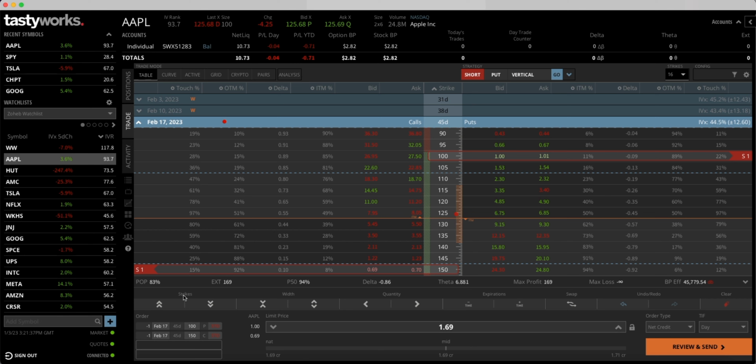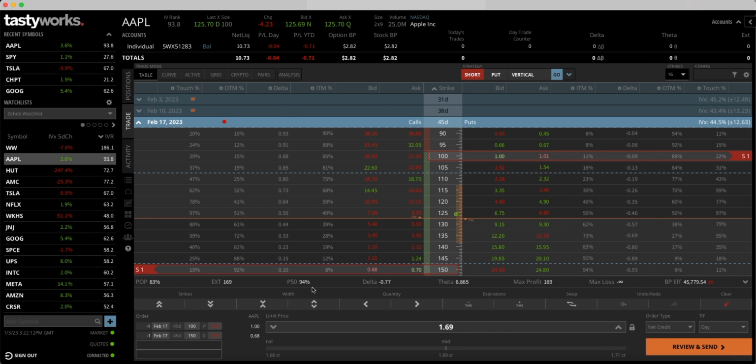So a high probability trade, and you can see the probability of profit, or the POP as it's called on the Tastytrade platform, is 83%. The extrinsic value is $169, and the probability of achieving at least 50% of the max profit, which in this example is $85, is 93%.